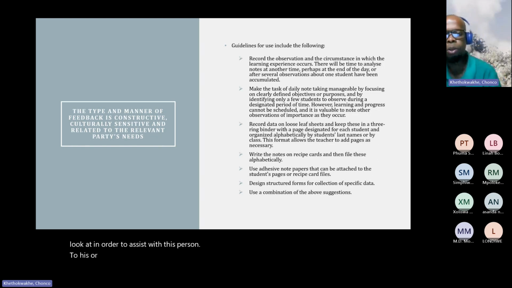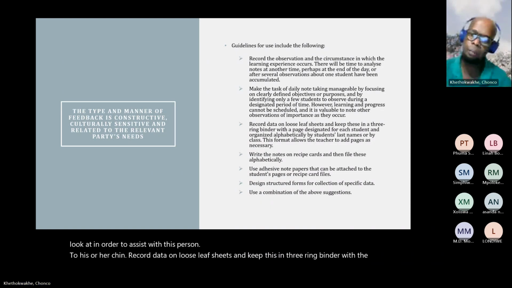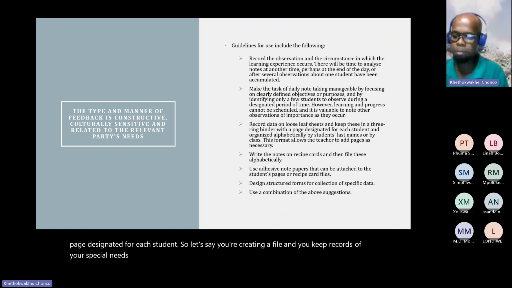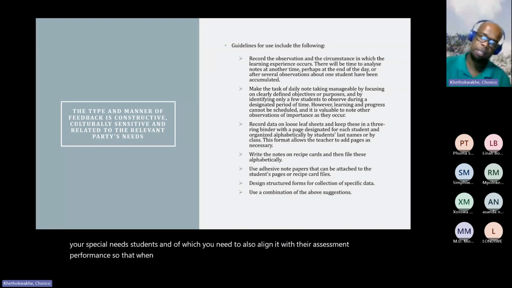Record data on loose leaf sheets and keep this in a 3 ring binder with a page designated for each student. So let's say you're creating a file and you keep records of your special needs students, which you also need to align with their assessment performance, so that when you give feedback, you say, this is what I noticed.